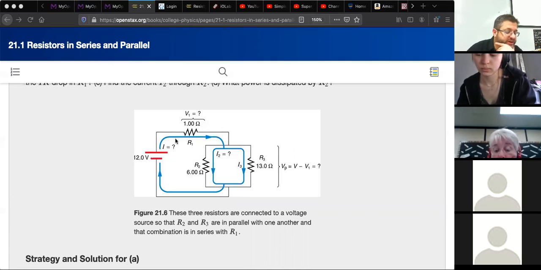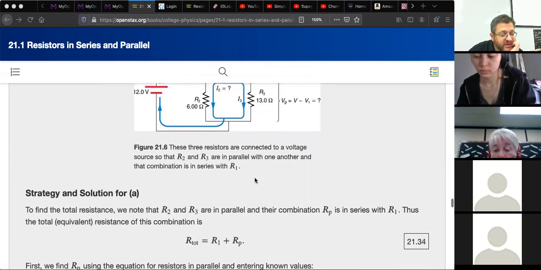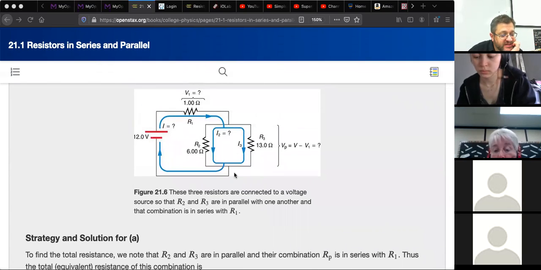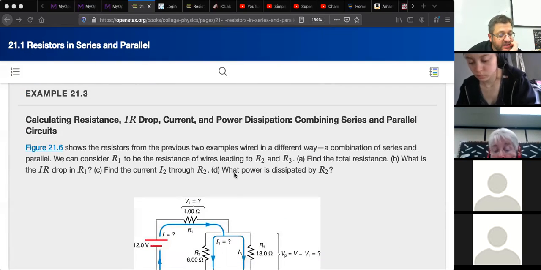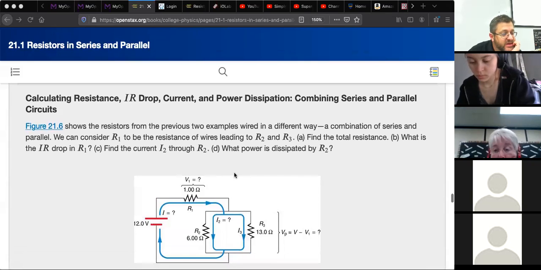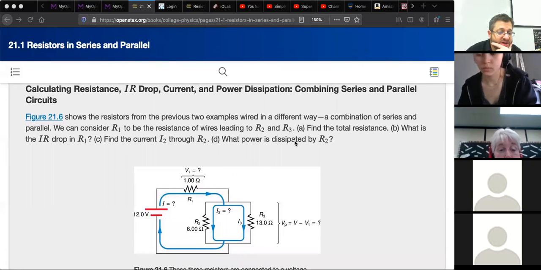The voltage drops that happen across these things are also affected by the current. And so if we can simplify this down, this will help, because then we can calculate the current through the whole circuit and so on. So what they want us to do is to find the total resistance first, simplify this down to 1 resistor, and then calculate the IR drop, which is the voltage drop in the first resistor, which we'll use Ohm's law to do.